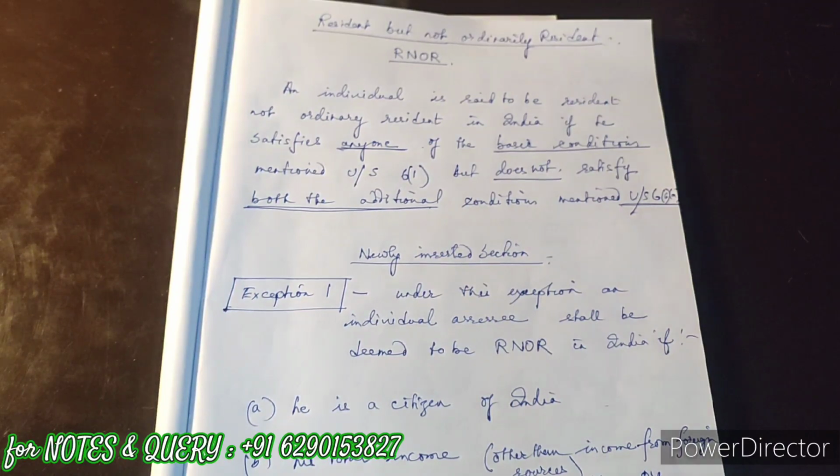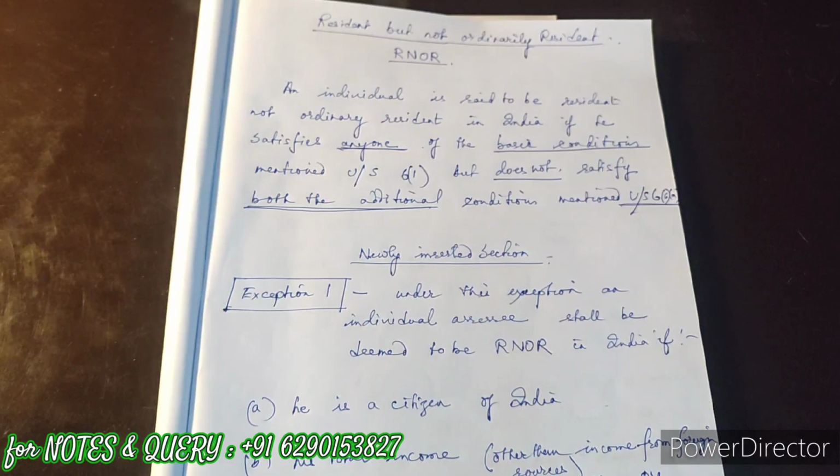Okay. Now we come to the RNOR, resident but not ordinary resident. Now, an individual or an assessee is said to be a resident, not ordinary resident in India, if he satisfies any one of the basic conditions that you found in section 6(1), but does not satisfy both the additional conditions mentioned in section 6(6).